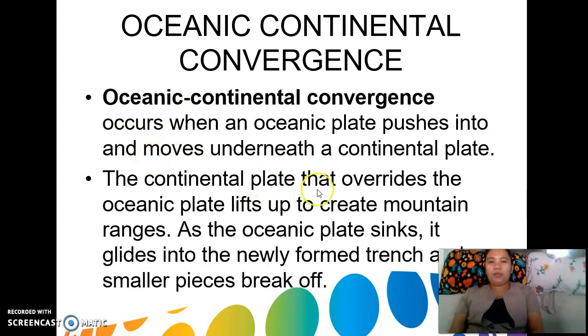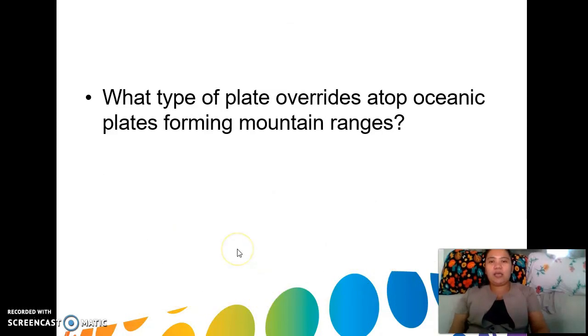The continental plate will override the oceanic plate and lift up to create mountain ranges. As the oceanic plate sinks, it glides into the newly formed trench and smaller pieces break off. Again, what type of plate overrides atop oceanic plates forming mountain ranges? That would be the continental plate.